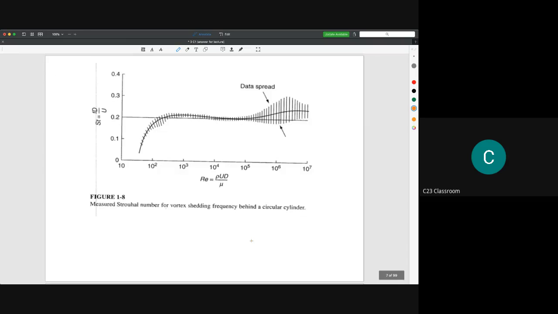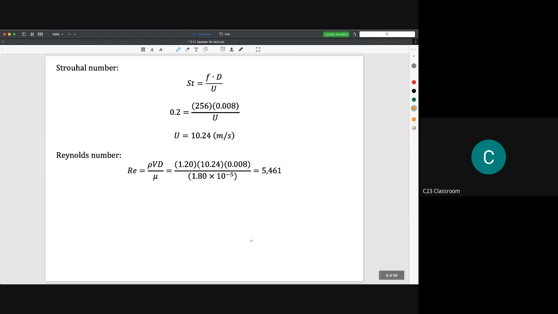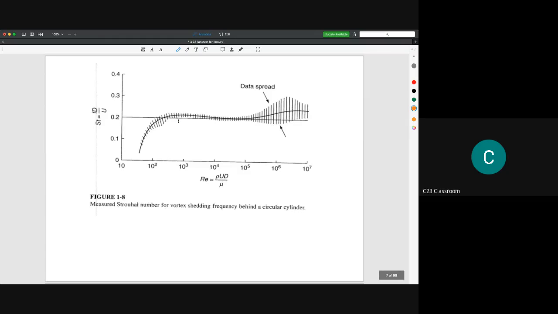If you read the textbook, we have the equation of the Strouhal number here. The question asks us to calculate the velocity, given that the Strouhal number is 0.2. The 0.2 here, if you read from the textbook, is actually the standard value of the Strouhal number that is permissible to occur in a wire string.